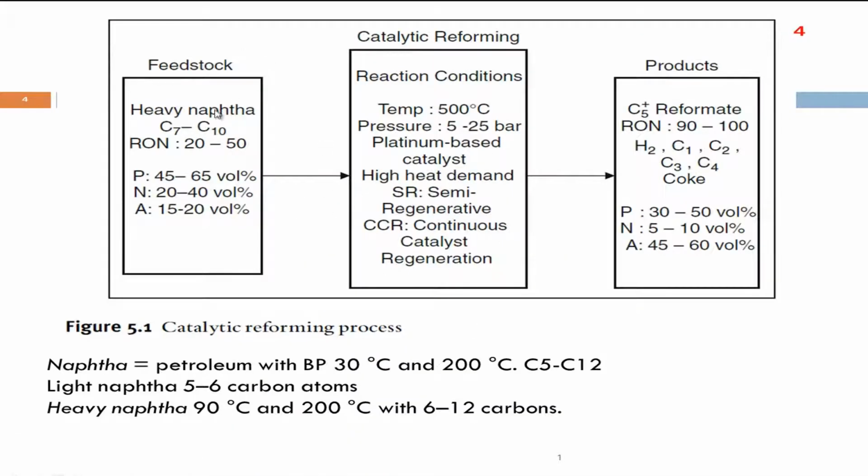So when we feed this heavy naphtha to the reactor, operated at 500 degrees Celsius and medium pressure over a platinum-based catalyst, we will get a product mixture that can increase the octane number up to 30 to 100, and of course we can get the undesirable product of coke as well.